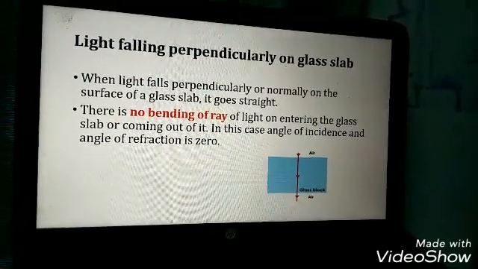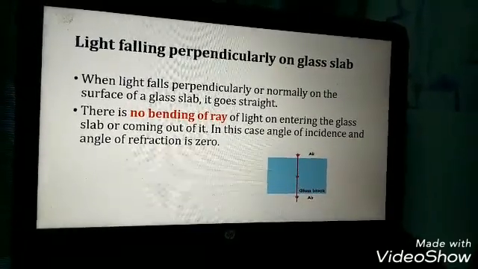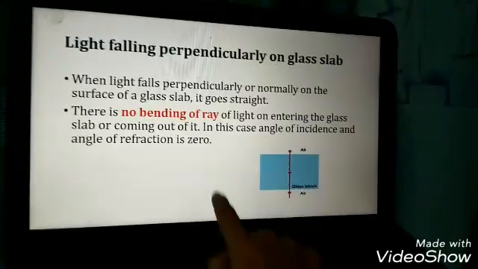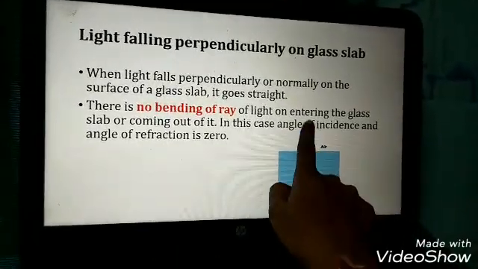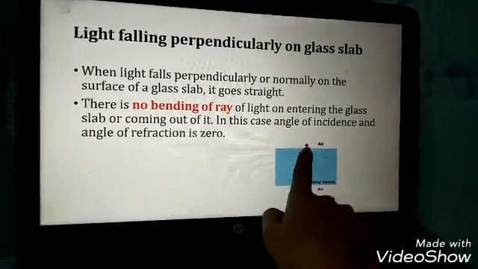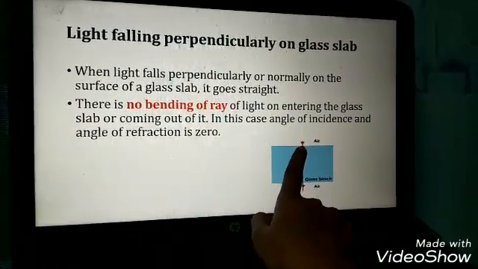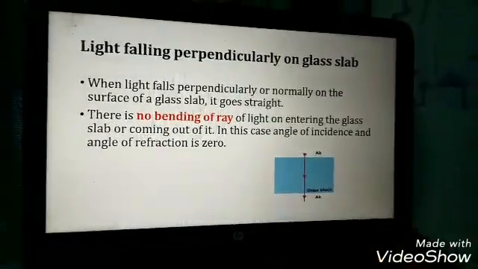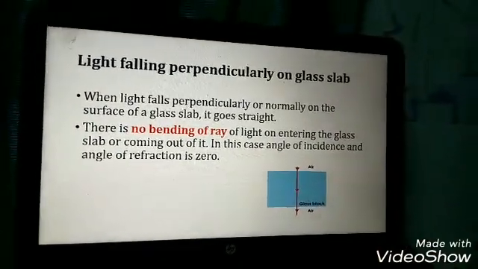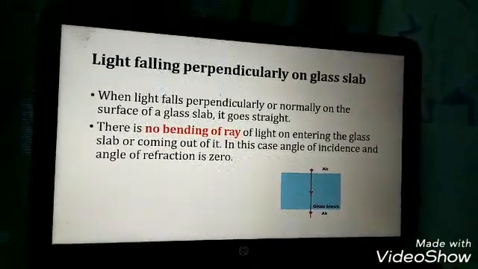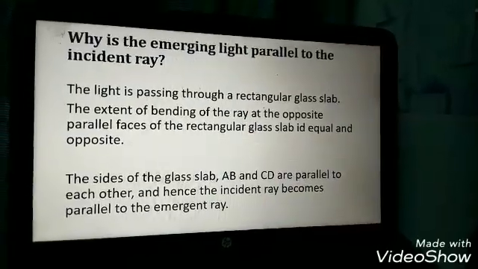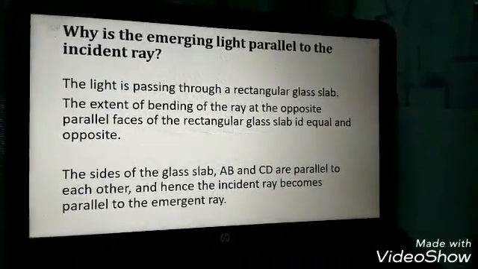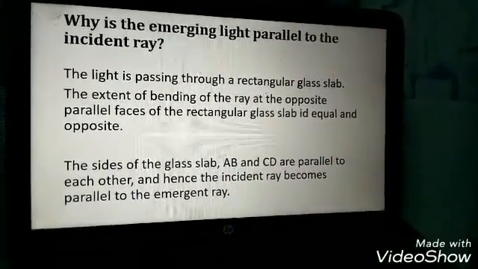In this case, the angle of incidence and the angle of refraction both become 0. The ray does not undergo any refraction, it passes directly and emerges outside as such.